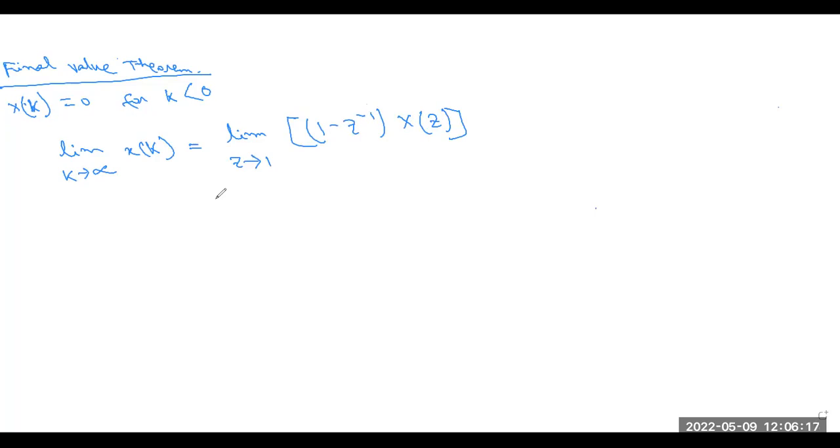This is the mathematical form of the final value theorem we discussed in previous classes. Now using this theorem, we solve different examples in our discrete control system.